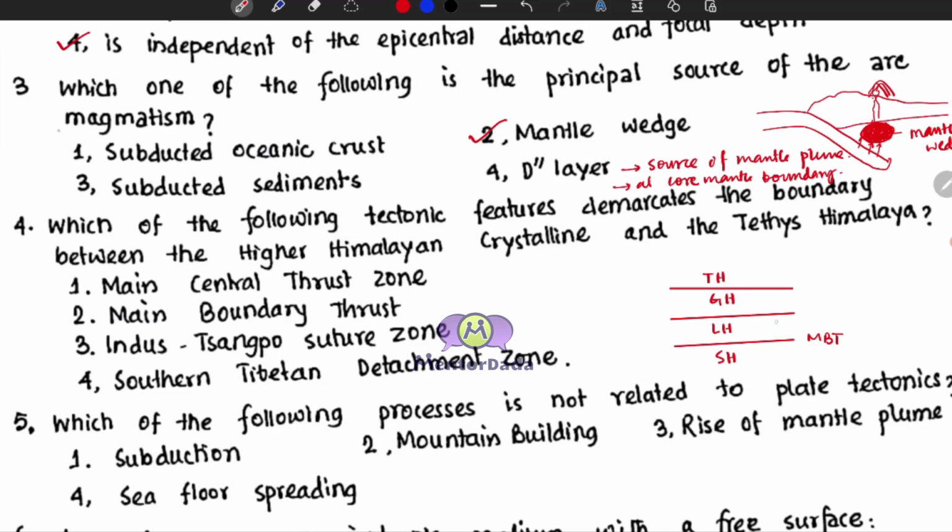So lesser Himalaya and greater Himalayan crystalline complex will be separated by MCT, and greater Himalayan crystalline complex and Tethyan Himalaya sequence, which I have marked as TH, is separated by South Tibetan Detachment, STD. Okay, so here number 4 is your correct answer.